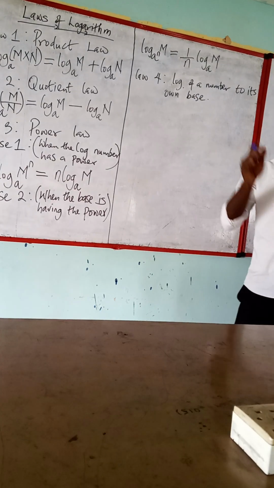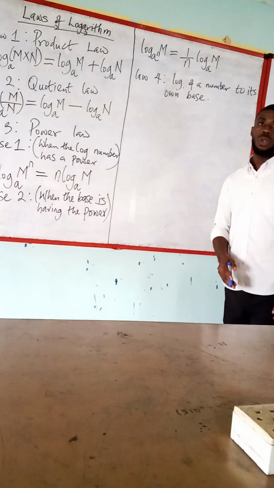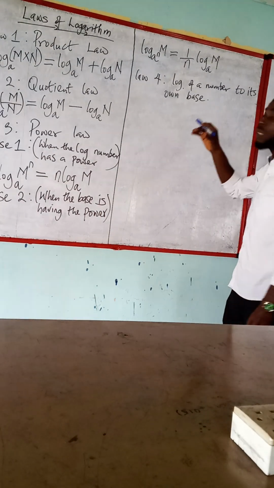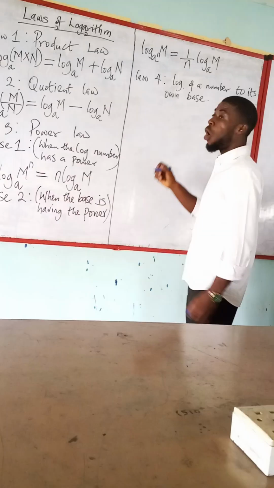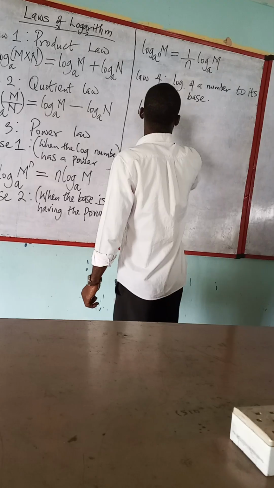That means the logarithm number and the base are having the same number. And this is a very simple law that says that logarithm of a number to its own base is always 1. So look at what we are saying.